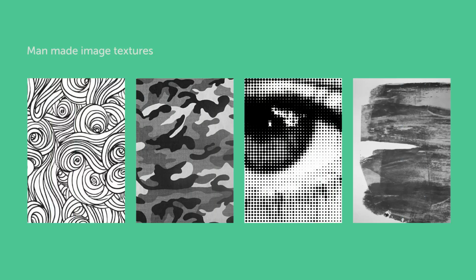Man-made texture can be paintings, illustrations, dyes, cloths, papers, typography, photographic effects and so on. Because of image texture's abstract nature with the ability to trigger feelings, emotions and excite the senses, image textures can be used to engage and add distinct visual tone to a piece of graphic design work.